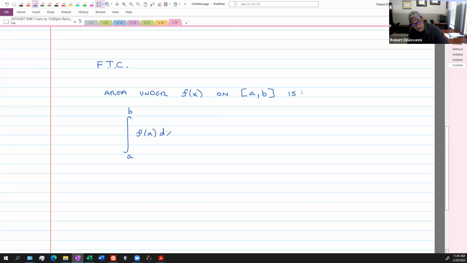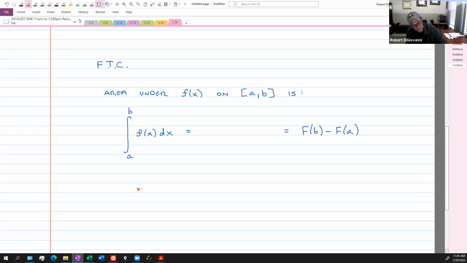Again, that's just reminding us that it's this limit of this summation, right? But the fundamental theorem of calculus says that what this is simply, and I'm going to leave a blank space in between for a reason you'll see in a minute, is this: capital F of B minus capital F of A.